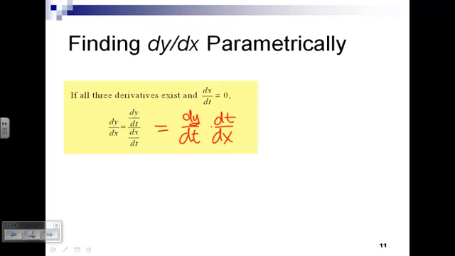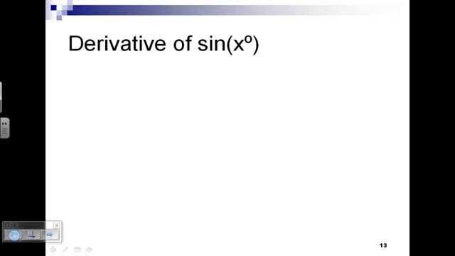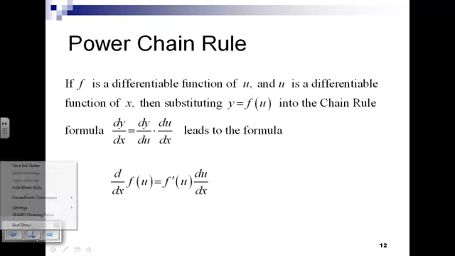All right, so let's do an example where we find dy/dx from a parametric situation. By the way, this is just what I just said, so don't worry about that. I need a blank slate.